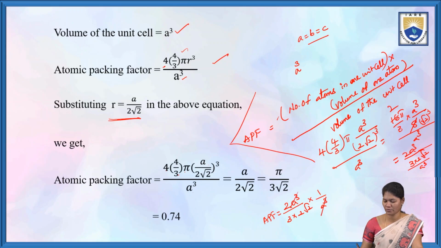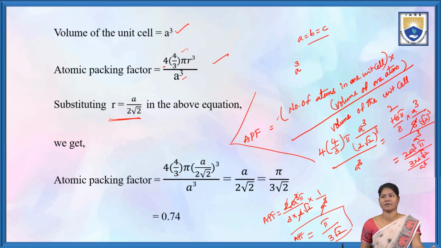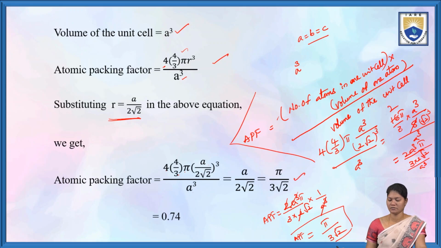So A cube gets cancelled, and 2 and 2 get cancelled. Here pi is there, I had missed it. So pi by 3 root 2. So likewise we can get the atomic packing factor.